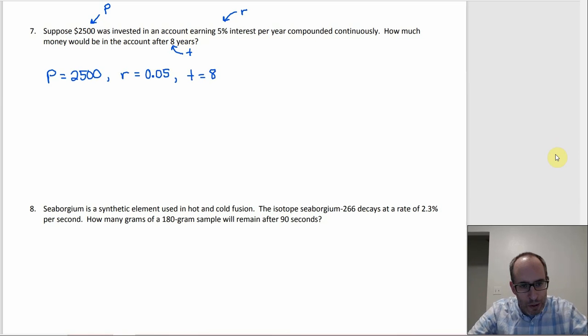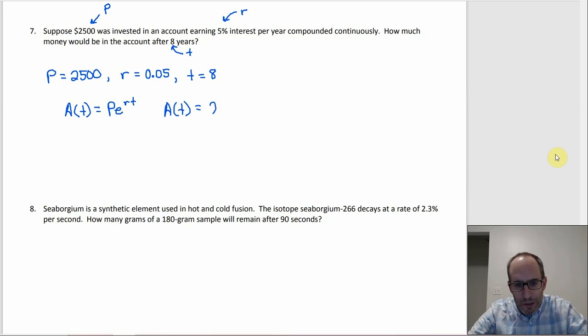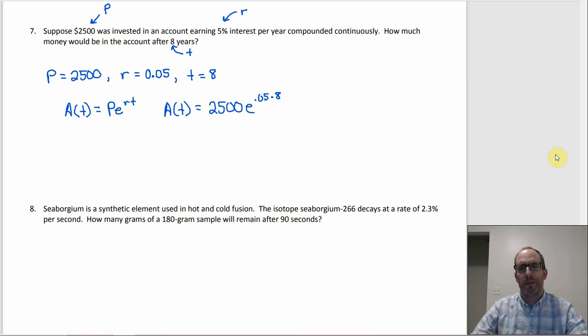All right, so generally what we have is that A of T equals P e to the RT, right? So if I sub in here, now what we've got is that A of T equals 2,500 times e raised to the power of 0.05 times 8. But 0.05 times 8 is 0.4.